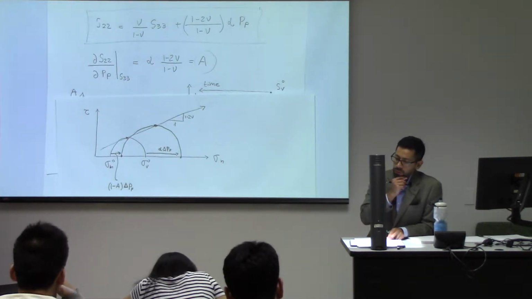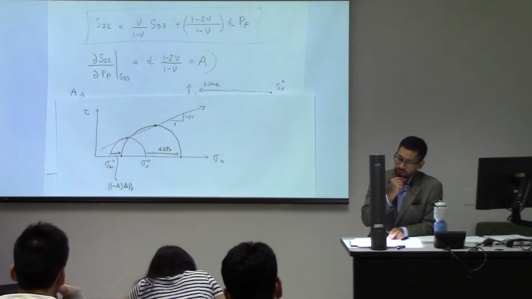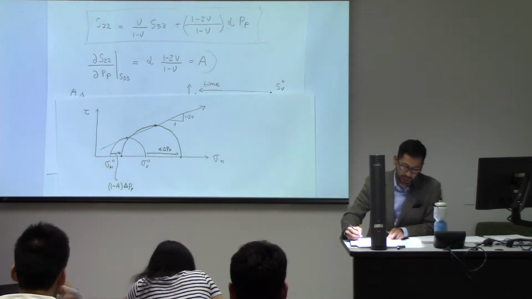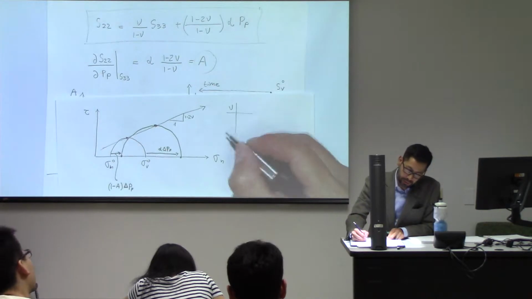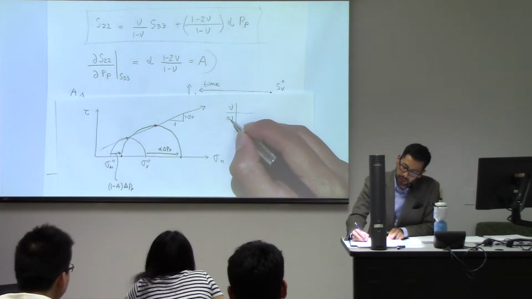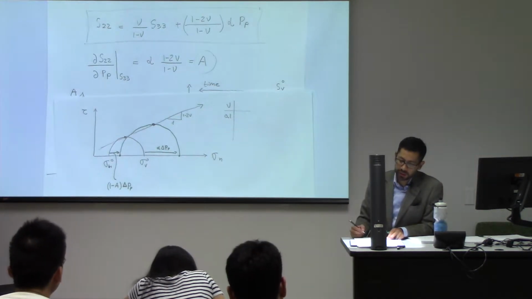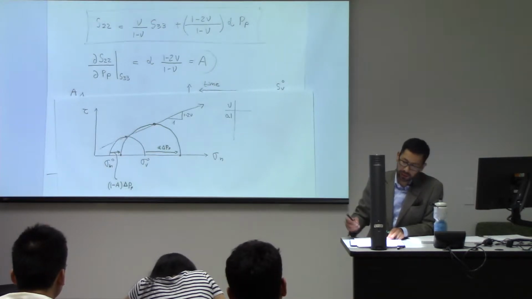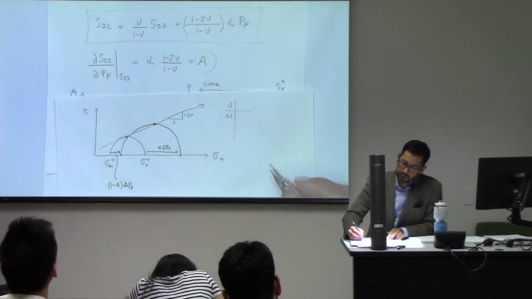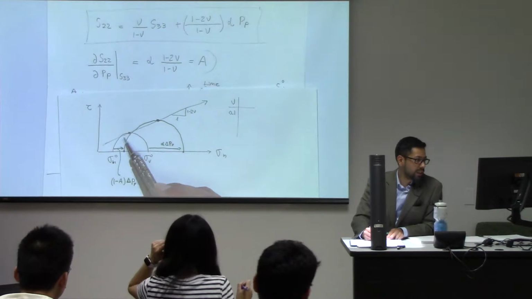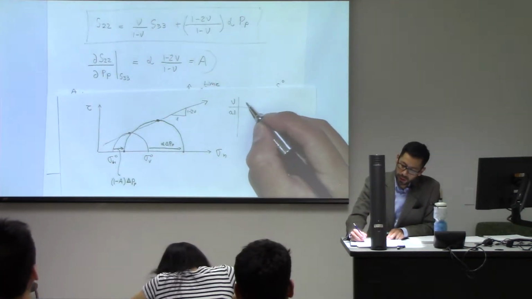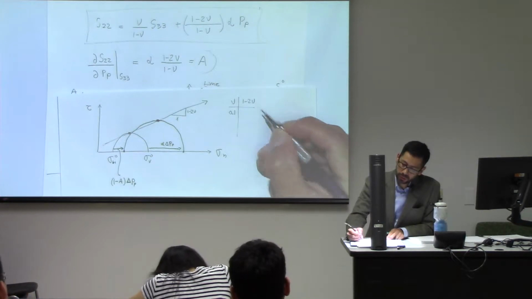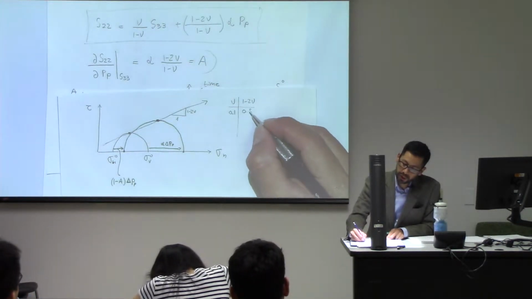So let's come back to the sensitivity analysis on the Poisson ratio. If your Poisson ratio, let's say it's 0.1, very little expansion to the sides, you will see that your Mohr circle is going to increase very quickly in diameter. So 1 minus 2 nu is going to be 0.8, right?